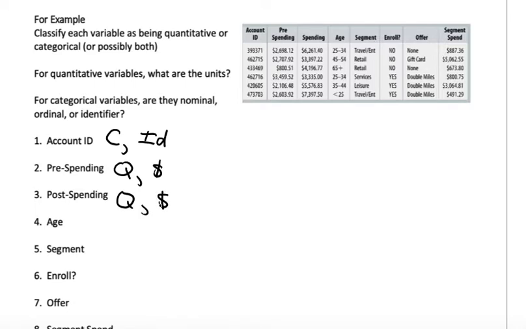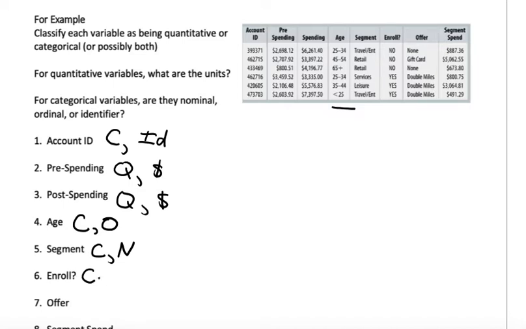Now you have to be careful here with age, because in this situation, the age is written in a range. So that makes it categorical, not quantitative, because it's not a single number. But it is ordinal because we can put them in order. We know that somebody who's less than 25 is younger than somebody who's 35 to 44, etc. Segment would be categorical and nominal. There's no order there.